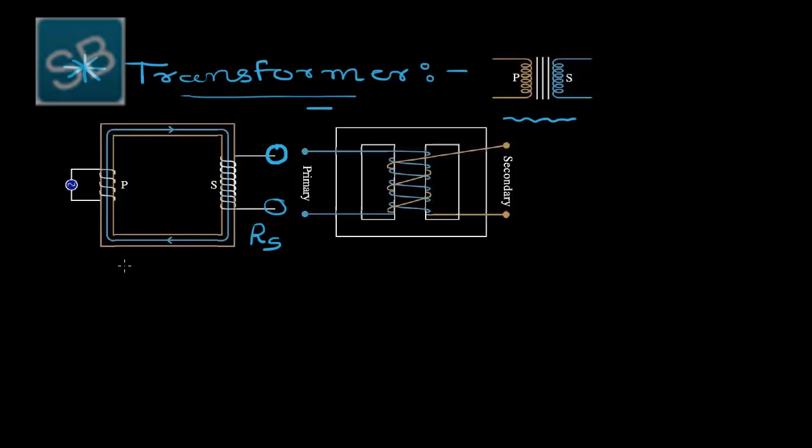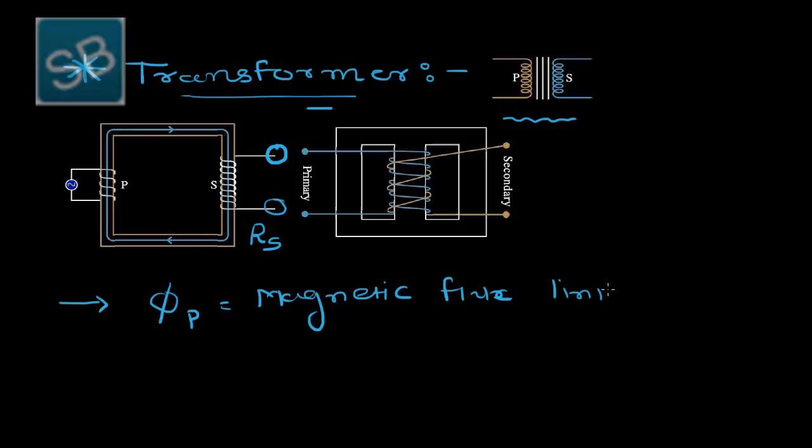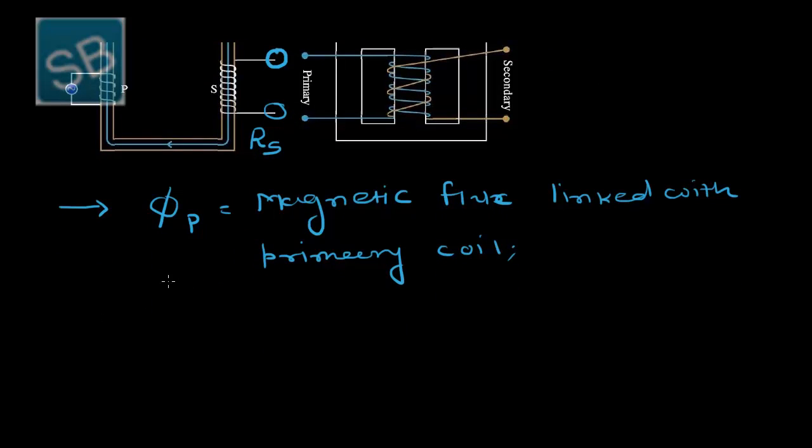Now some assumptions I am making over here. Phi p is the magnetic flux linked with the primary coil, then phi s. See, this P stands for primary and this S stands for secondary.